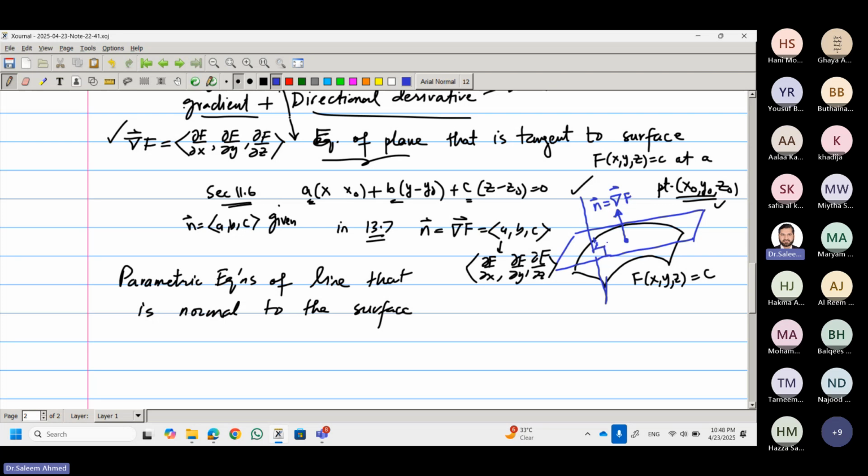If it is making a 90-degree angle here, I need a vector that is parallel to this line. And you see, the gradient of f is a vector parallel to the line. So what was your n is now your v.